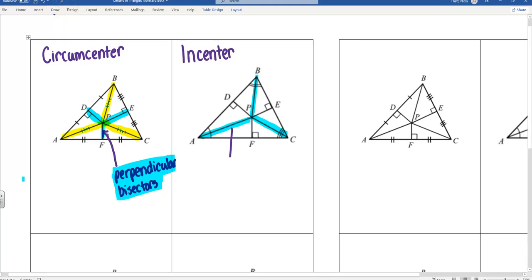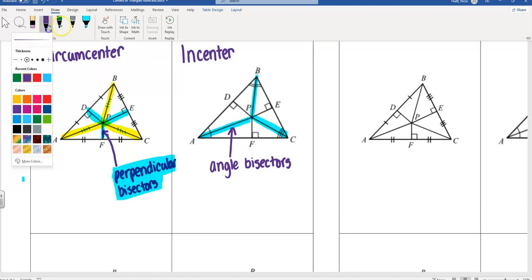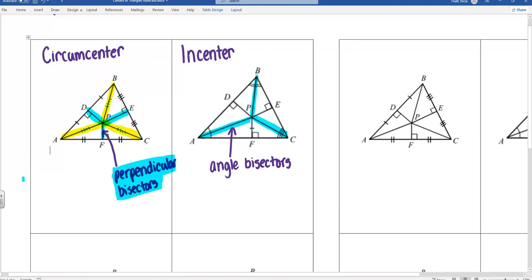Those are called our angle bisectors. And let's also mark this little piece equal to this little piece equal to this little piece.